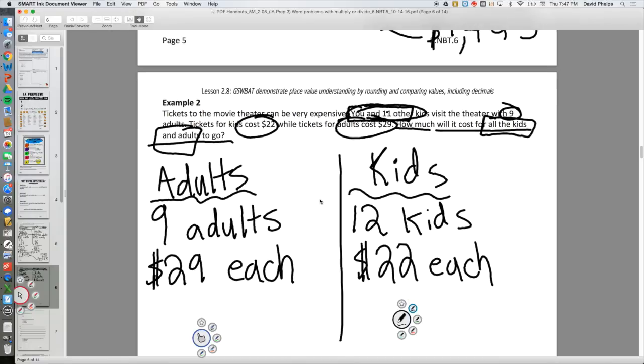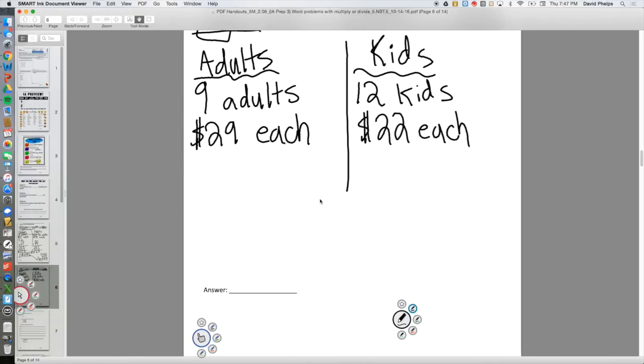You'll see I've organized all of my work. Now I'm going to start the math. Again, try it by yourself.